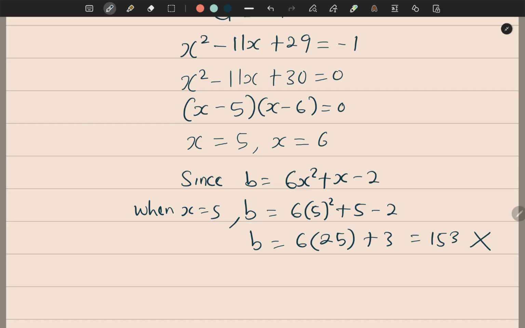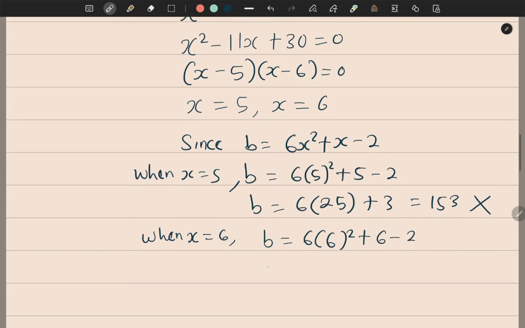So next we use x equals 6. When x equals 6, then b is 6 times 6 squared plus 6 minus 2. So b is 6 times 36 plus 6 minus 2, that's 4. Of course this is even, so the value of x we consider here is 6.